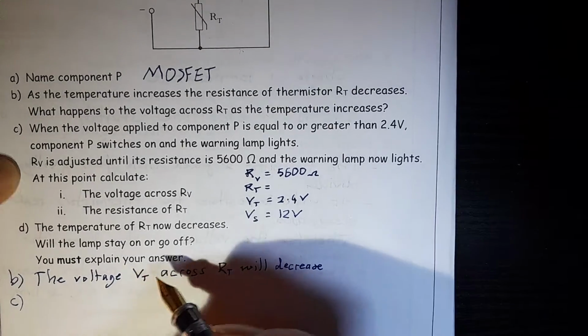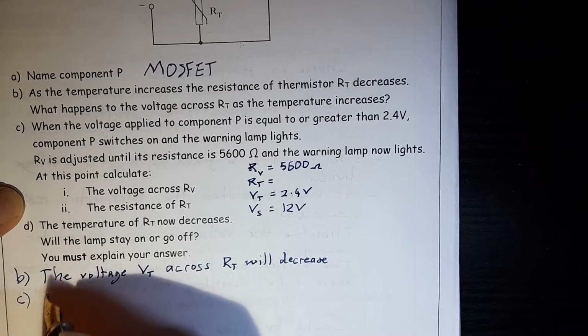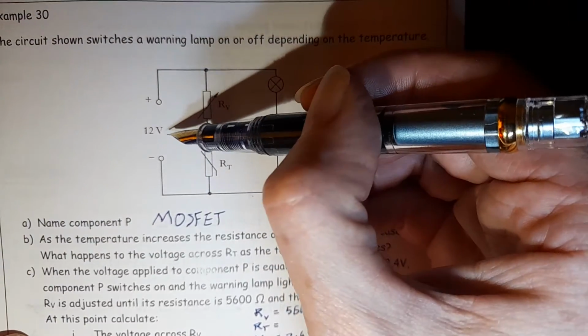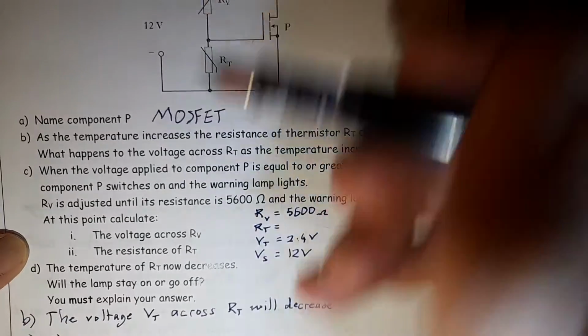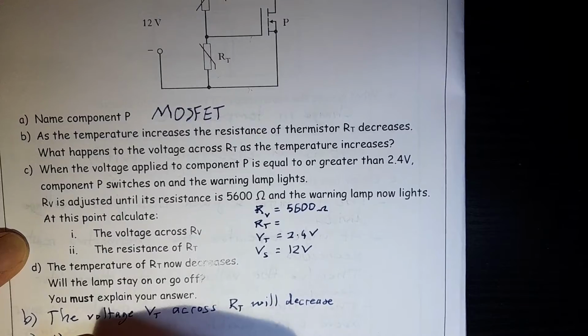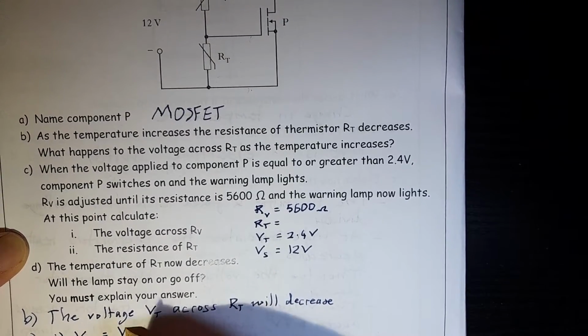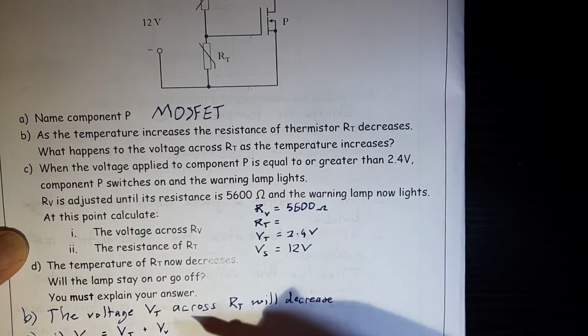So to get to the first part of C, the voltage across RV, we can use simply the fact that the 12 volts here must be equal to the voltage across these two components added together. So in other words, the voltage on the power supply must be equal to the sum of the voltage on the thermistor plus the voltage on the variable resistor.